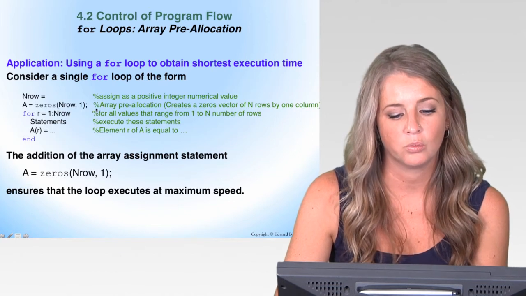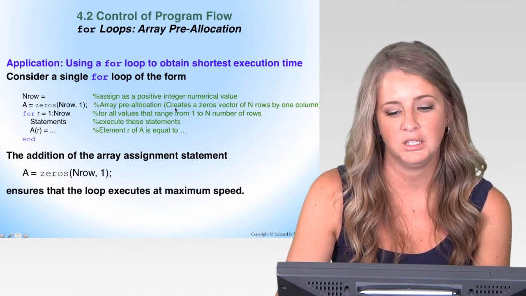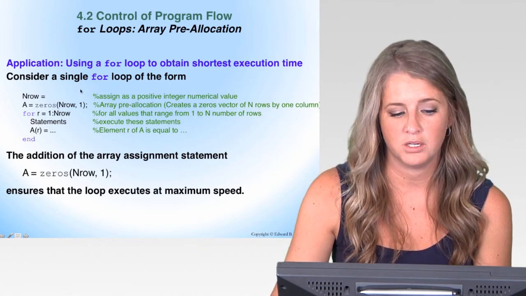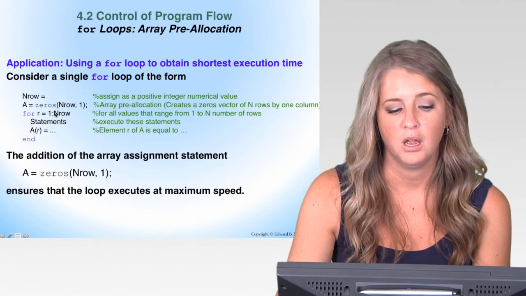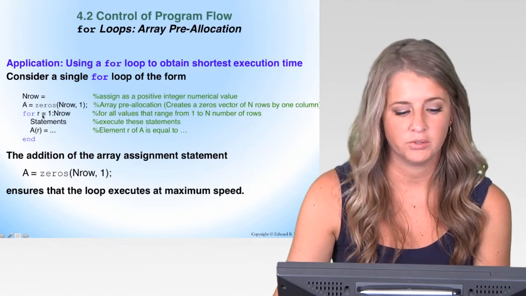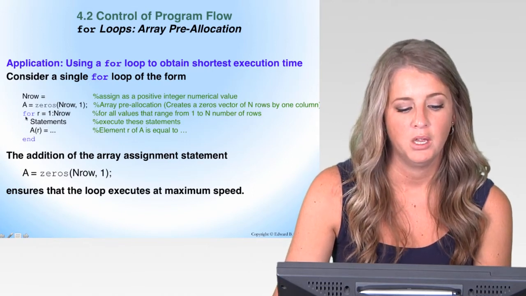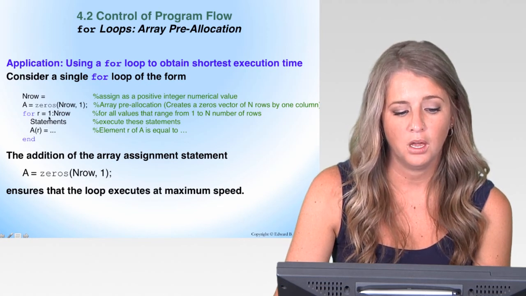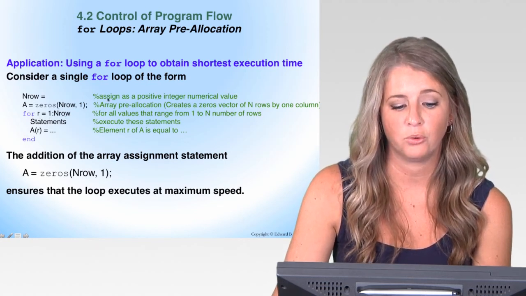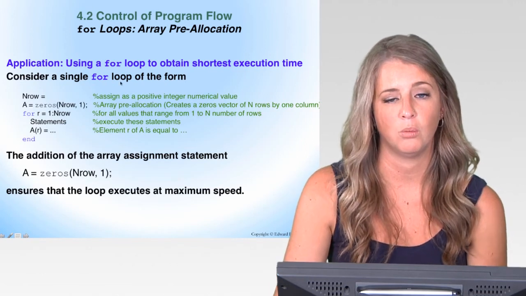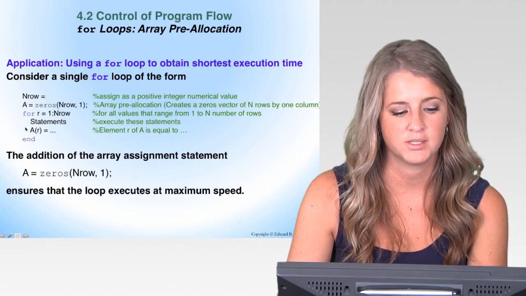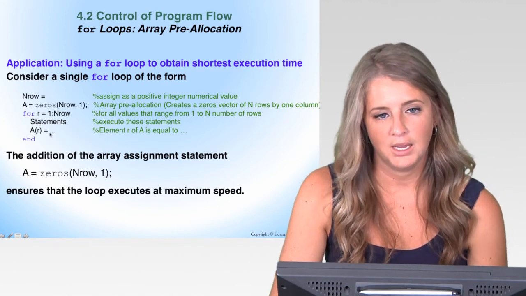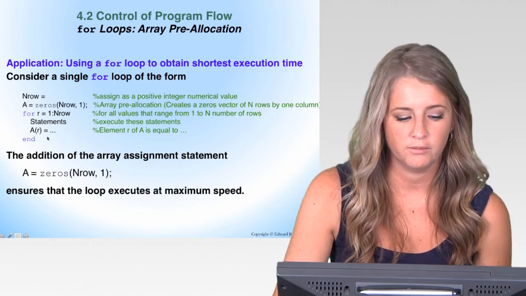This is called an array pre-allocation, and basically it creates a zeros vector of n rows, according to the number that you specified, by one column. Now we have our for loop. We say for r equals 1 to n rows, so that's for all values that range from 1 to n number of rows, execute these statements. And then you have element r of a is equal to whatever.